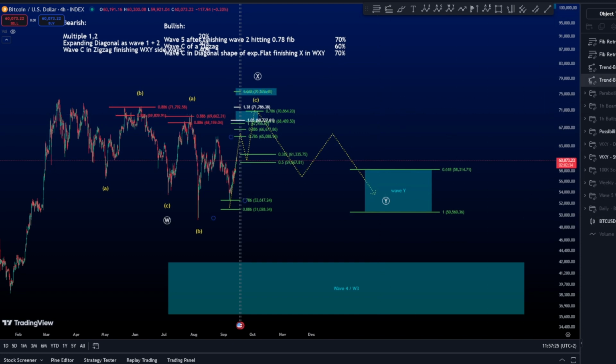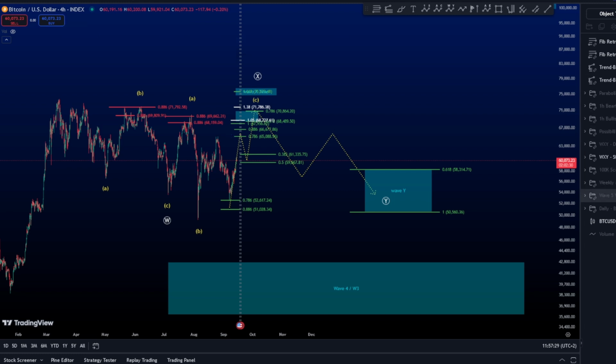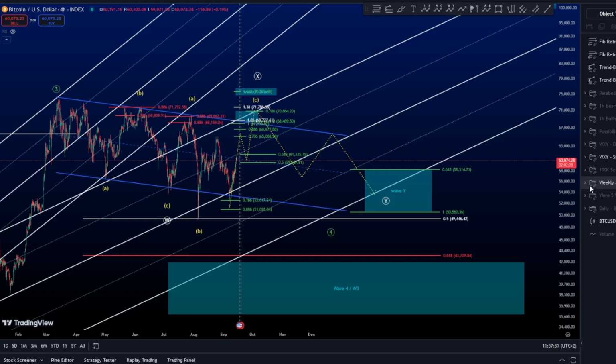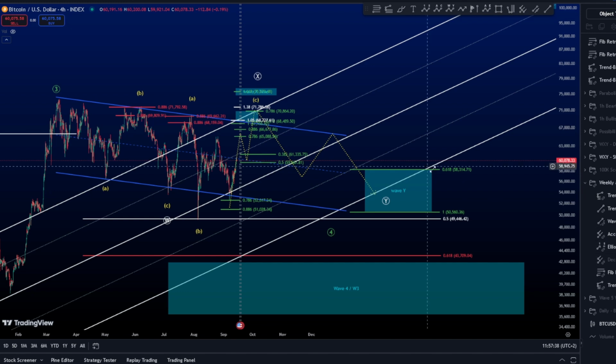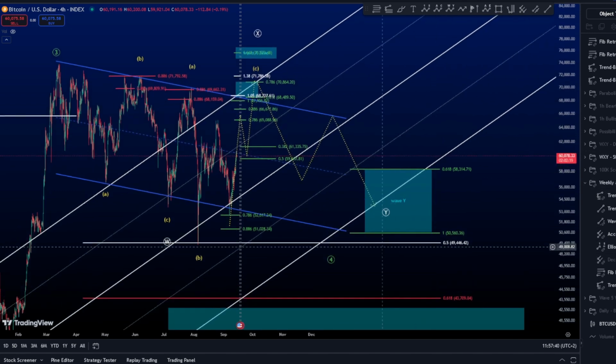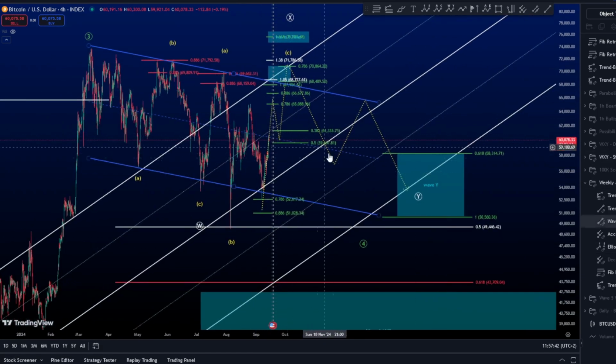The other thing that I would like to mention as well is that if we look at our weekly analysis and you take a look at the acceleration channel here, we can see that we might keep ranging inside our channels.